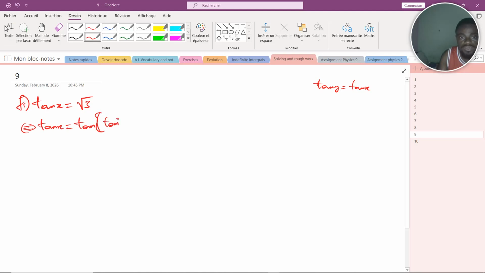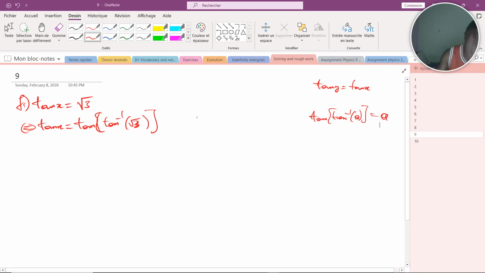Tan inverse of root 3. Tan of tan inverse of root 3, because I know that the tan of the tan inverse of a number must be equal to that number. Is that okay? So let's then find the tan inverse of root 3.